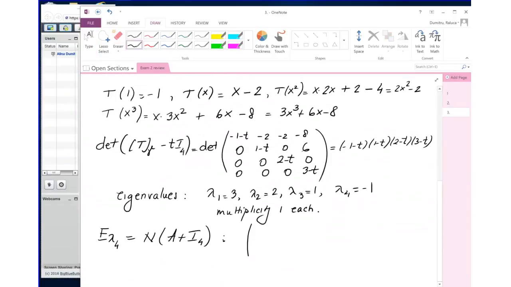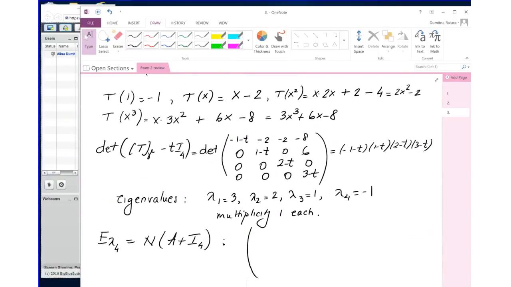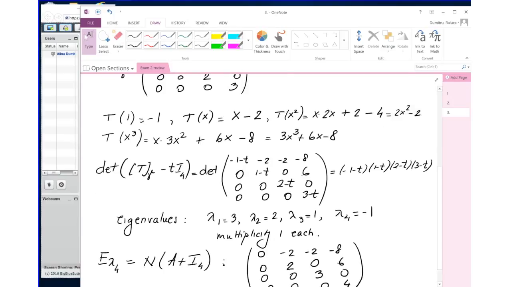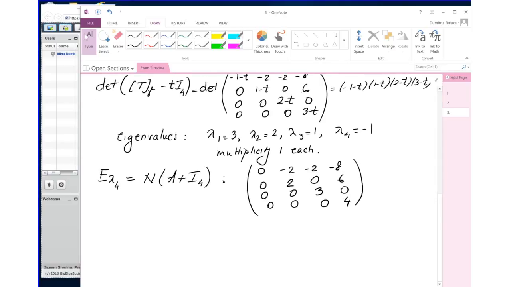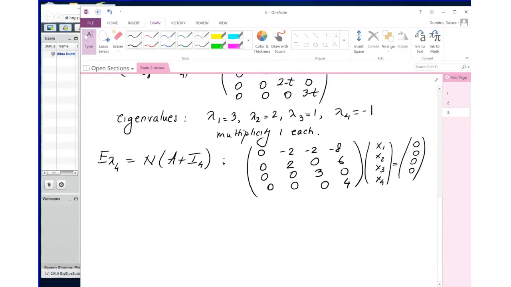Okay. So I'm adding identity. Like this, right? Looks good. Okay. This times x1, x2, x3, x4 gives you 0, 0, 0, 0.